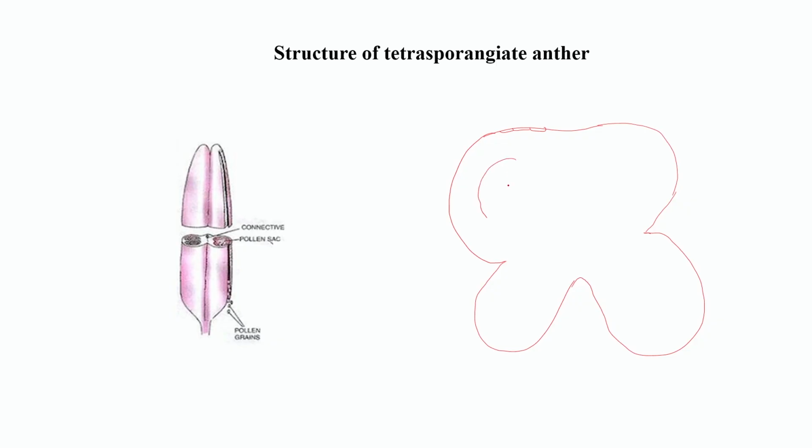I will draw the detail of only one side, and you can understand how the other sides are also oriented. It will show four microsporangia here. So it will have four wall layers. The outer wall layer is definitely the epidermis. The epidermis is the wall layer which is present in all plant organs and surroundings, so everywhere it will be there.